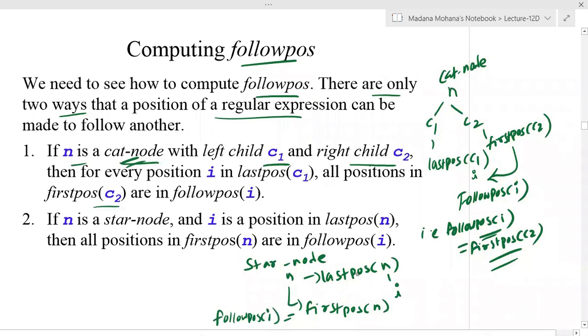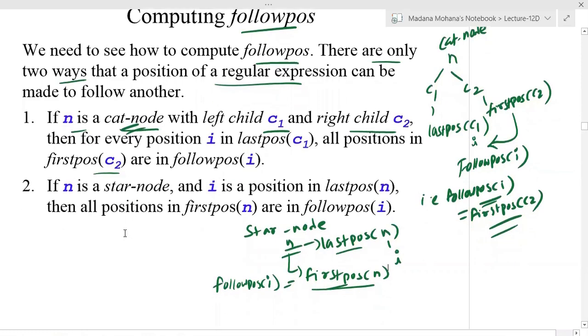Here for follow position, we consider only positions, we don't consider node values. In the star node, we find the last and first positions only for the node, whereas in the cat node, for the left child and right child, we find the first position and last position values. So these are the two rules. By using these two rules, we will now calculate the follow values.